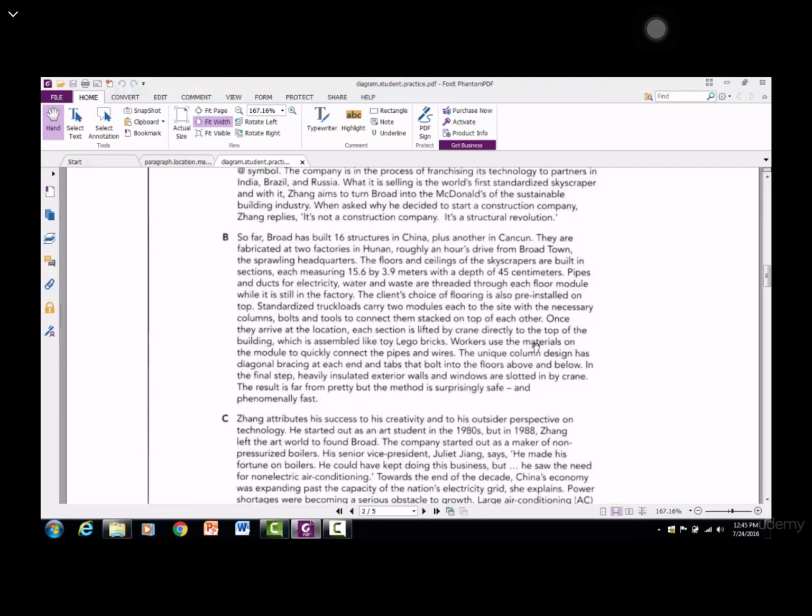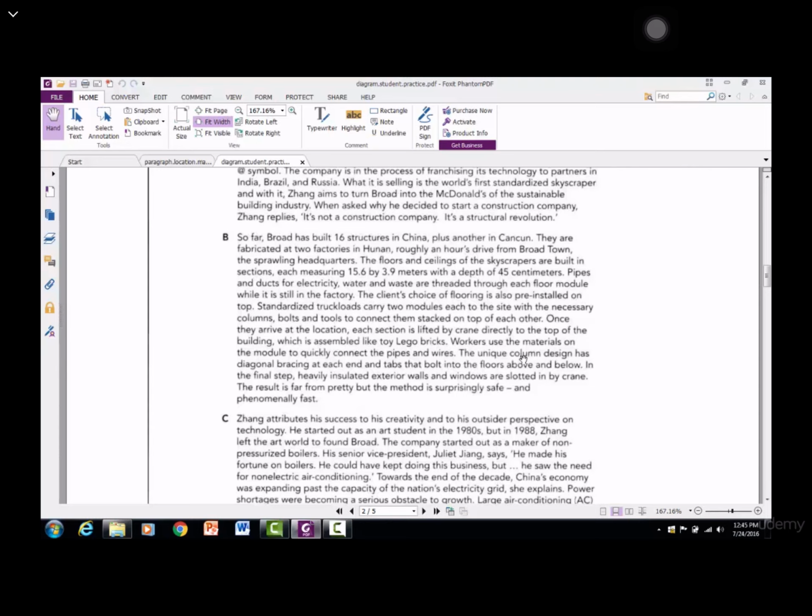The answer is column. Right? The column has diagonal bracing at each end. At each end is a synonym for top and bottom. So what's at each end? A column. So the answer is column.